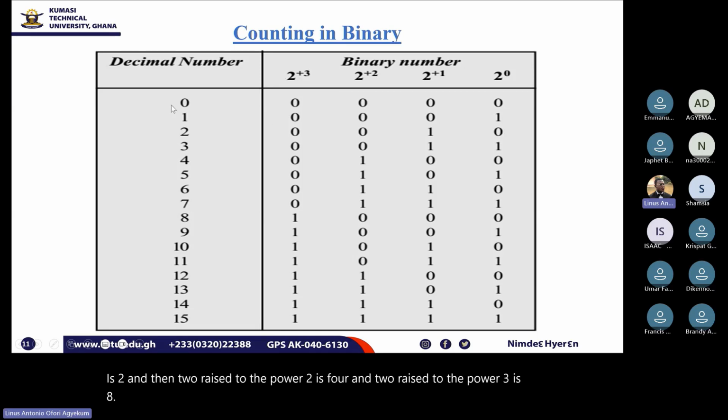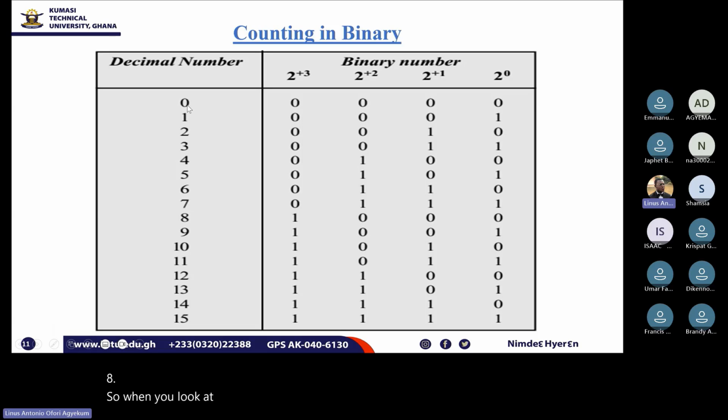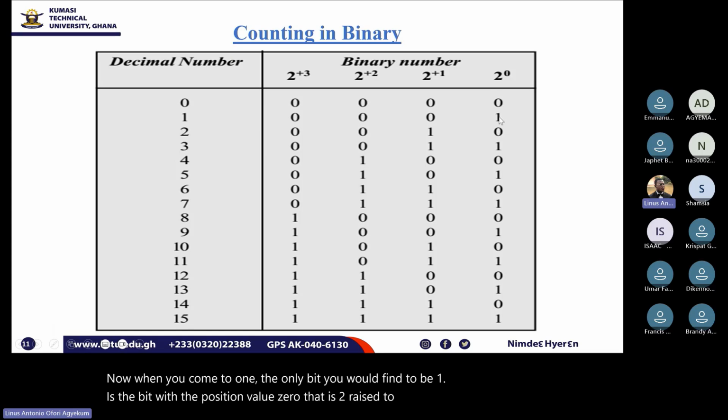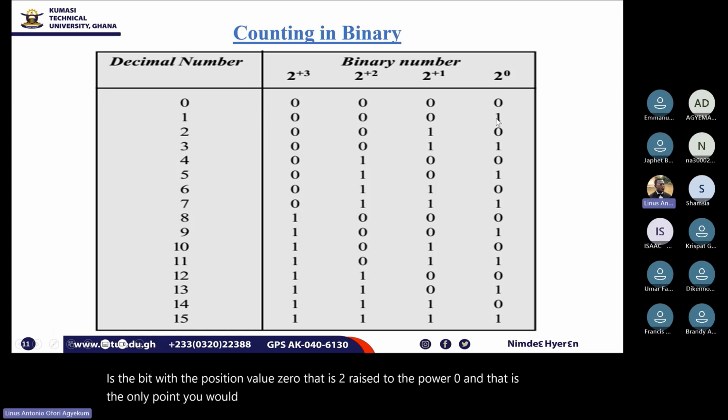So when you look at the first decimal number, which is 0, there is no 1 anywhere. All the bits are 0. Now when you come to 1, the only bit you would find to be 1 is the bit with the position value 0. That is 2 raised to the power 0. And that is the only point you would have 1.